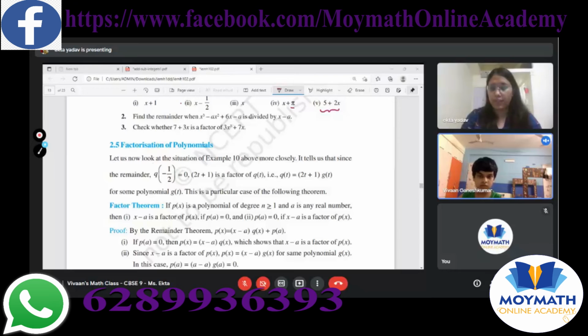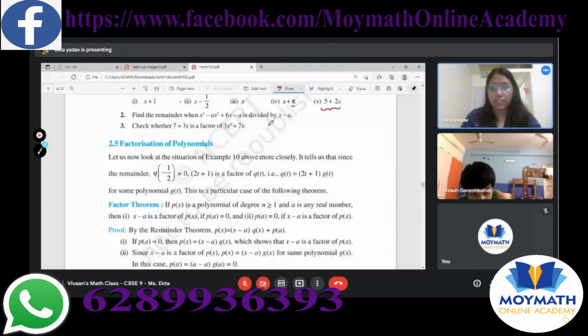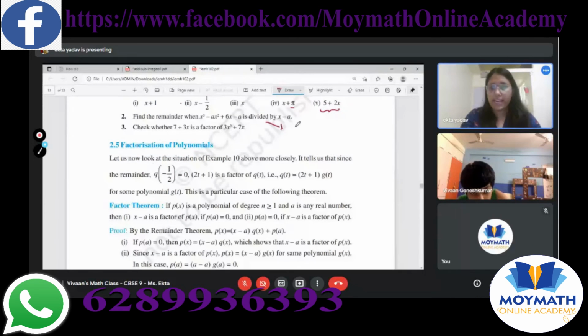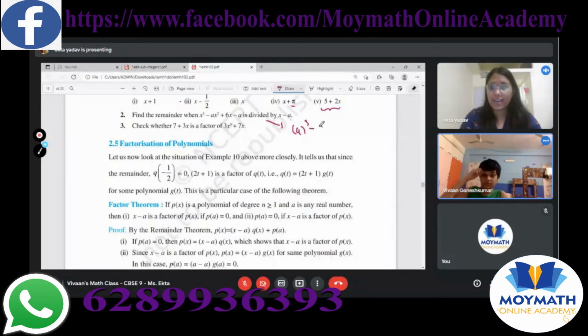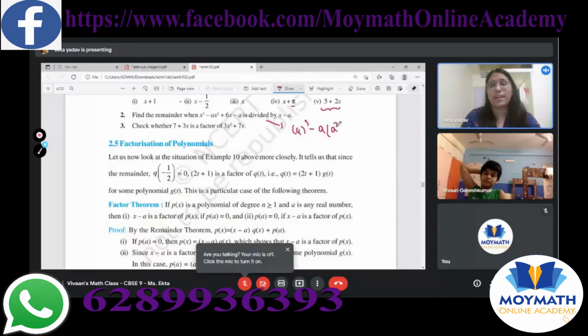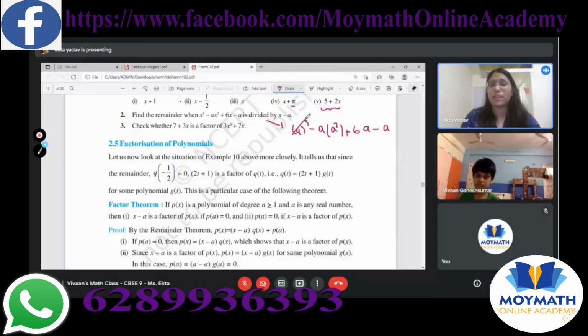If I find P(a), first it will be a cube minus a square into a plus 6a minus a. So this is a cube minus a cube, they'll get cancelled out and we will be left with 5a.